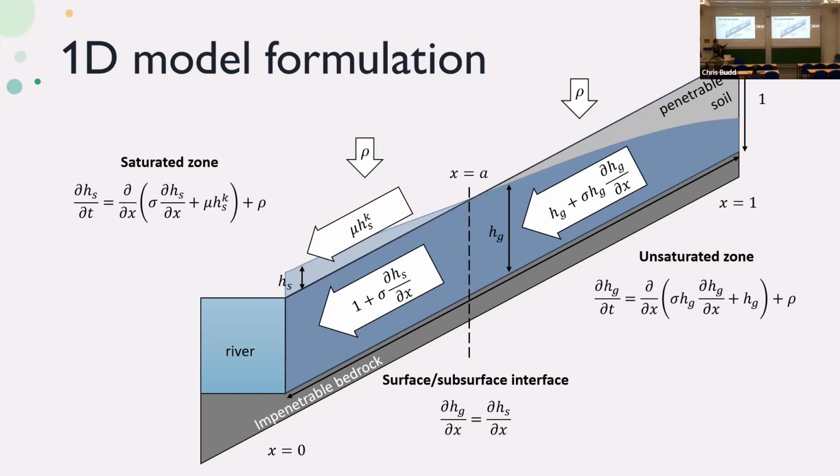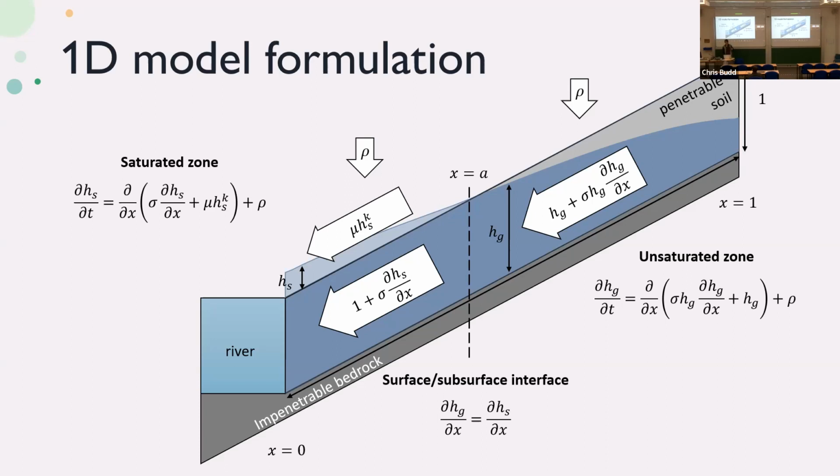The derivative of hg needs to be equal to the derivative of hs, which creates a coupling between the saturated and unsaturated zone. Of course, hs at this point is 0 because the surface water disappears here, and hg is equal to 1 because the groundwater reaches the surface.